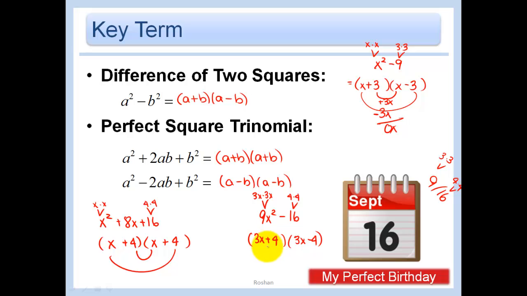Please take special note that we only have the difference of two squares. This could not be a plus sign. If this was a plus sign, then it wouldn't work because my last term has to be negative in order for the outer and the inner to have opposite signs.